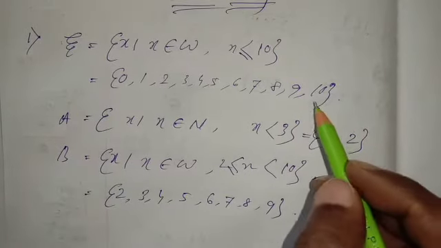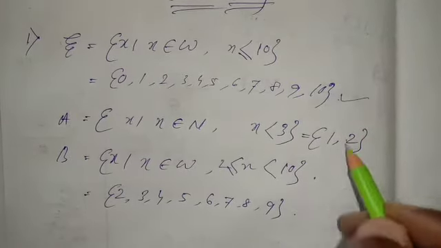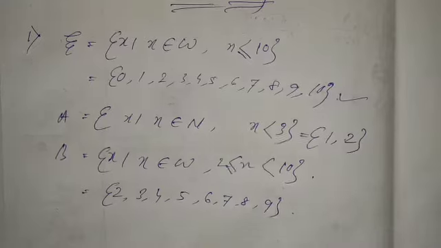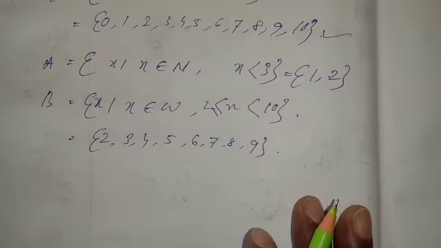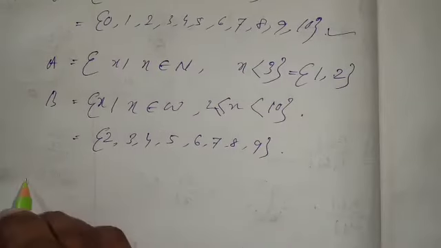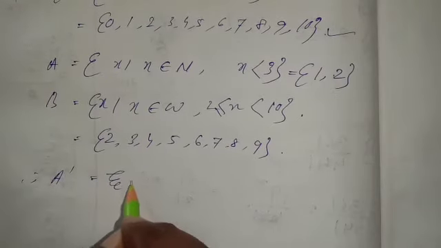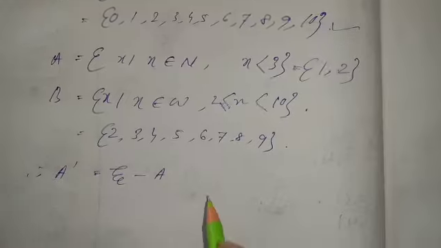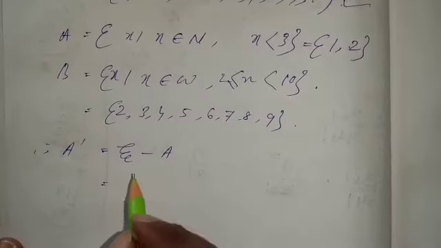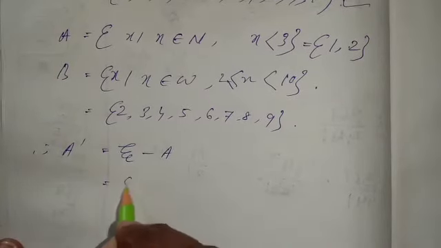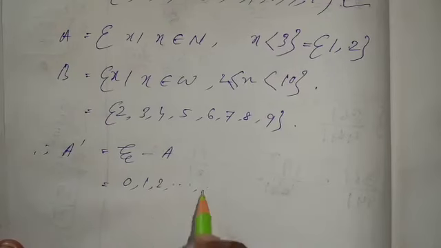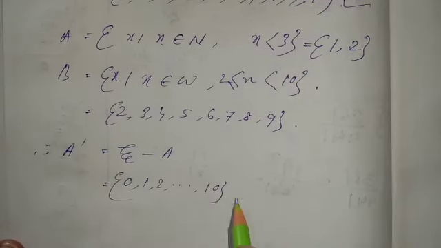After finding the universal set, set A, set B, then you have to find out A complement. A complement, how to find out? A complement would be universal set minus A set. The universal set is what? 0 to 10, 0, 1, 2 up to 10, minus A set.